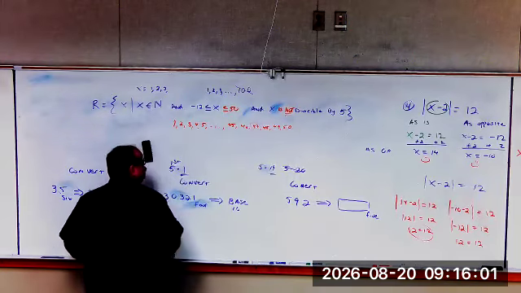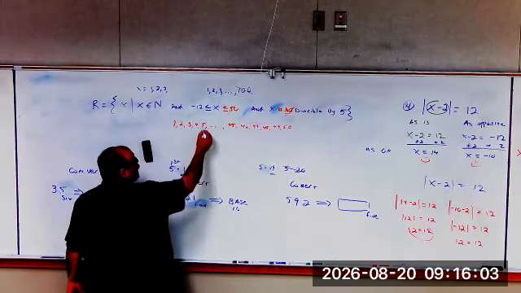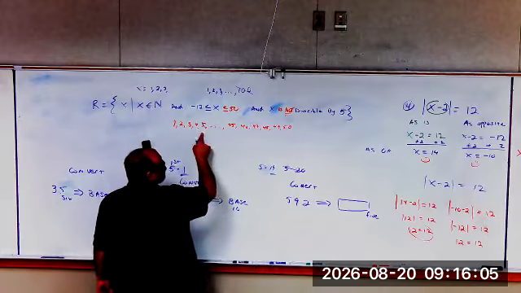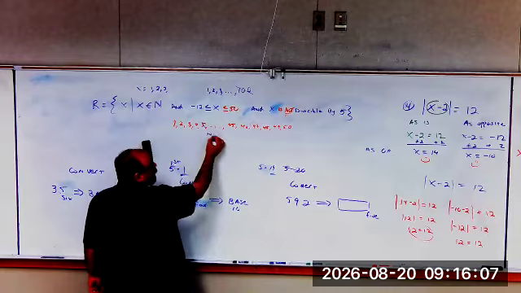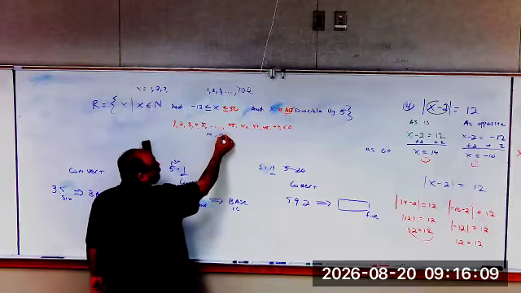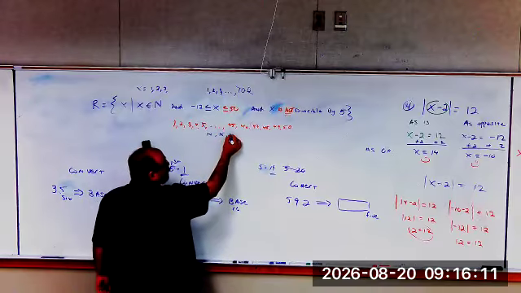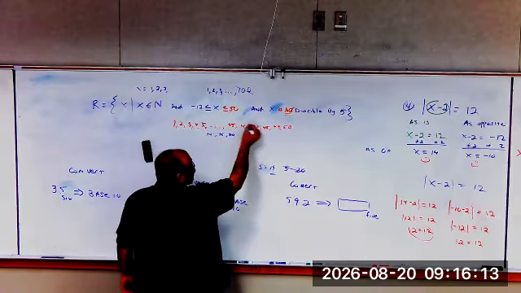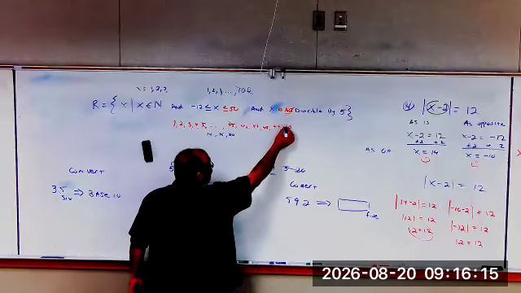But we don't want the ones that are divisible by 5. So we wouldn't want 10, we wouldn't want 15 or 20, we wouldn't want 45, we wouldn't want 50.